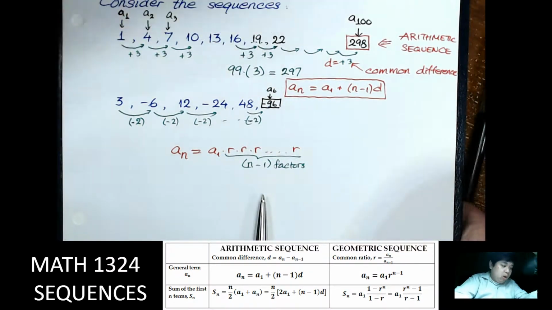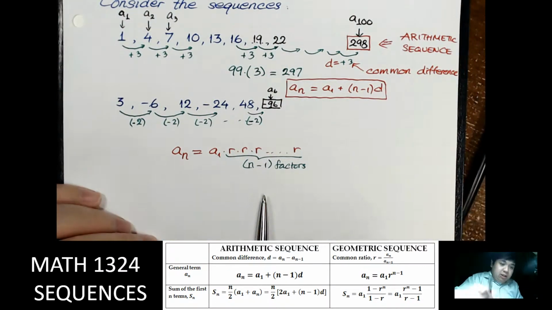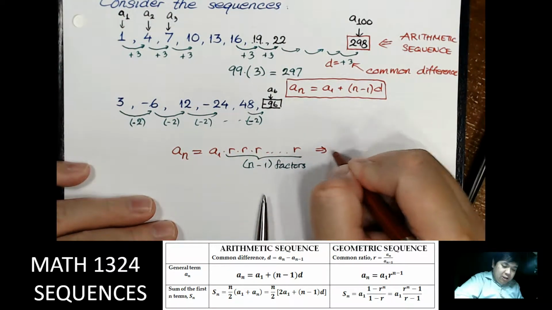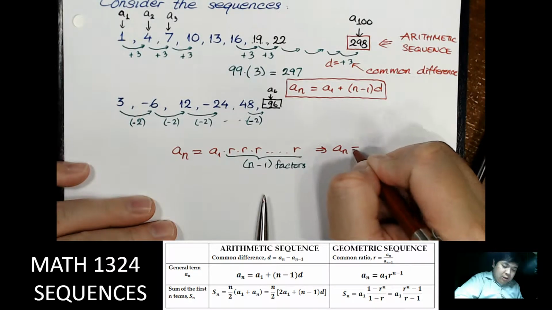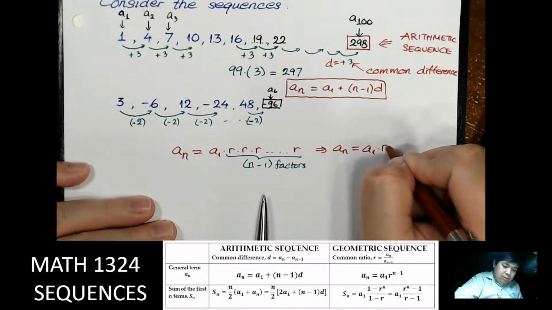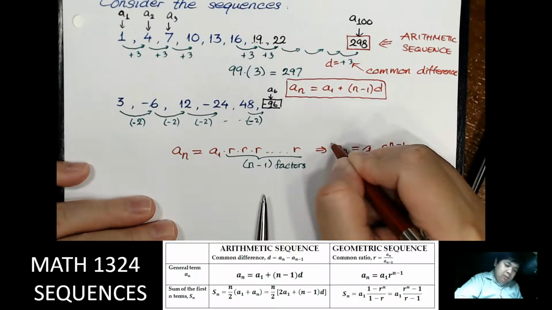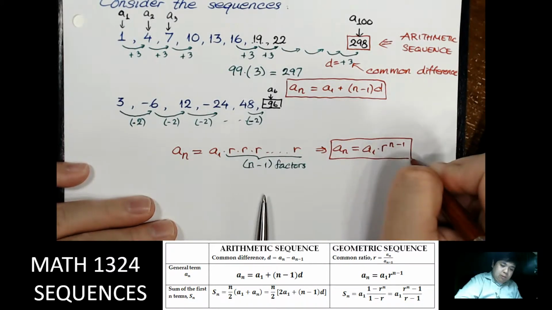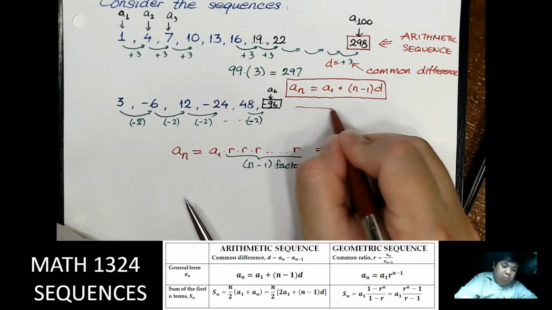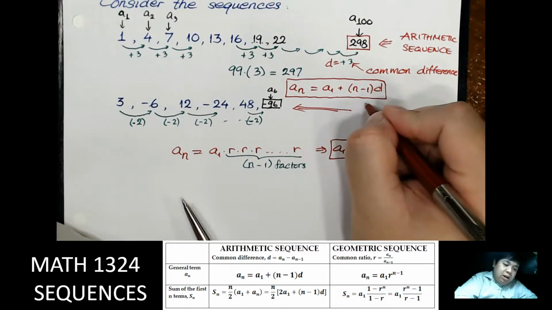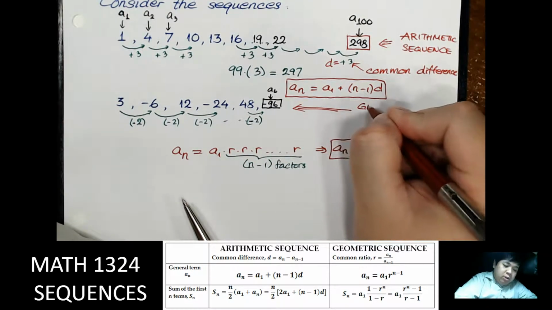And finally, we go to the formula. Properly defined, this is the geometric sequence.